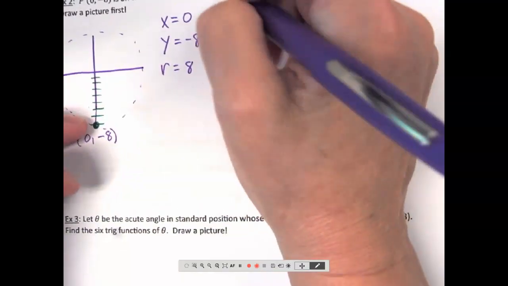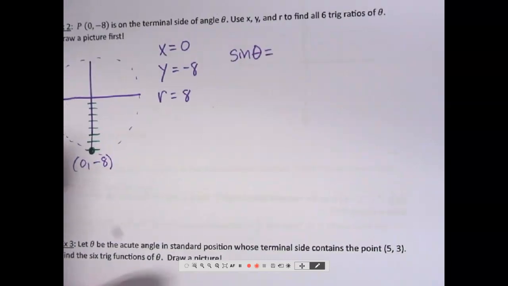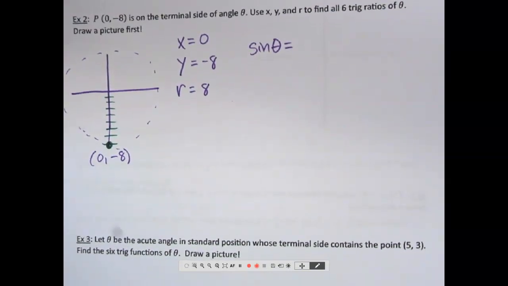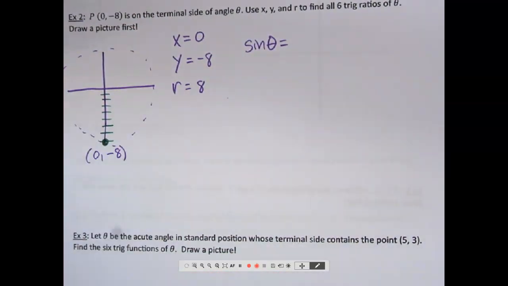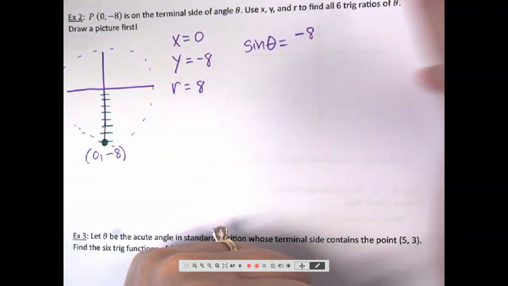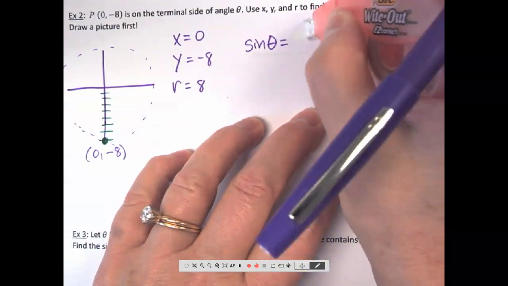Sine of theta. Okay, I don't need to find theta. I mean, if you wanted to, you could say, well, clearly theta is 270. Or clearly theta is negative 90. It doesn't matter what the angle is. I know x, y, and r, so I can just plug them into that formula. Let me write out y over r while you're getting used to what these are.